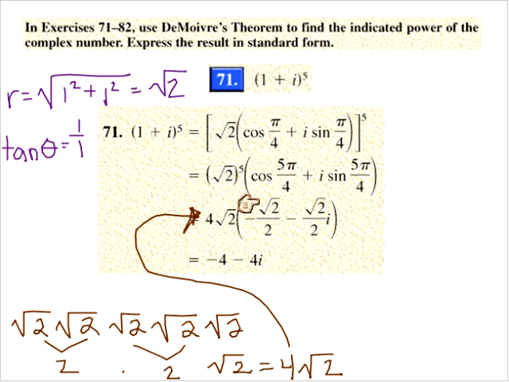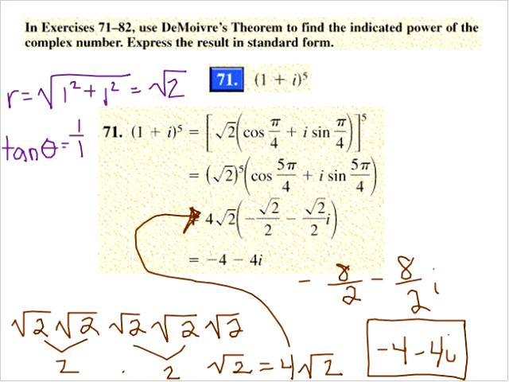When we distribute this, let's see what we end up with. 4 times 2 is 8 over 2 minus 4 over 2. 4 times 2 is 8, sorry. So we get negative 4 minus 4i once we distribute to 4 square root 2.